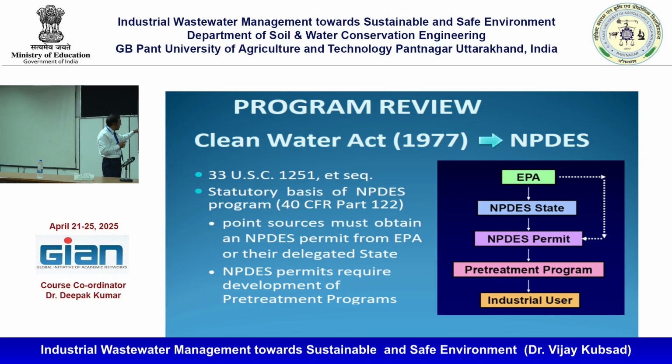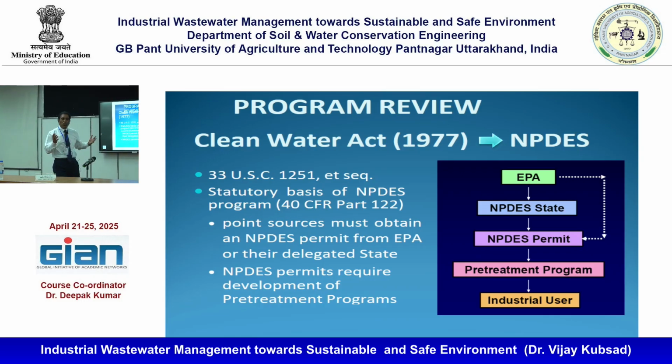State NPDES permits and the pre-treatment program for industrial users. Industrial users in the sense of industries which produce wastewater. It is very simple. If you have the capability, you build your treatment plant. If you don't have the capability, then you can discharge to city wastewater, but you have to pay money for that.